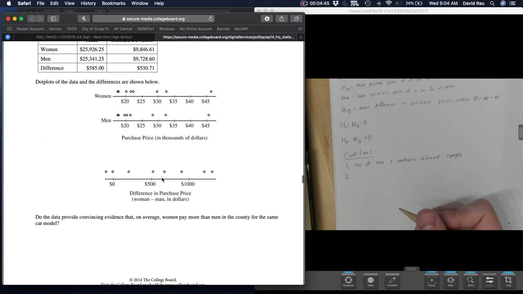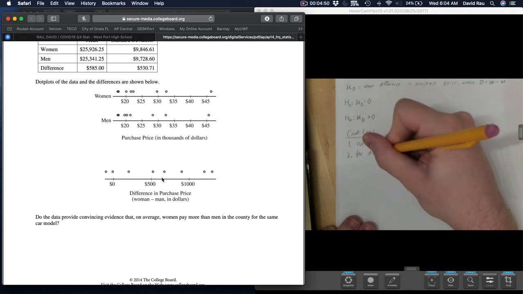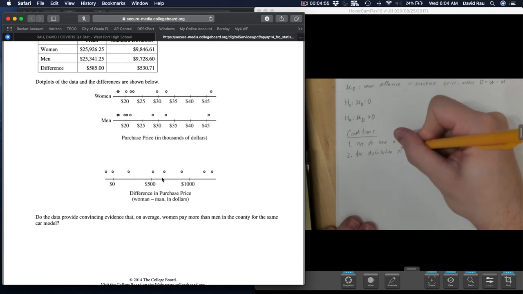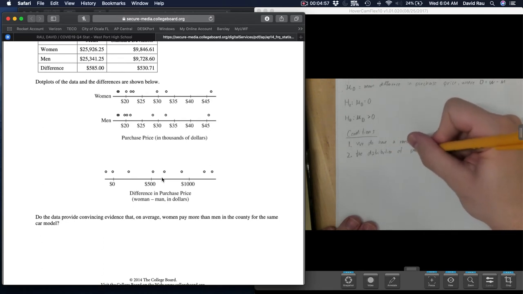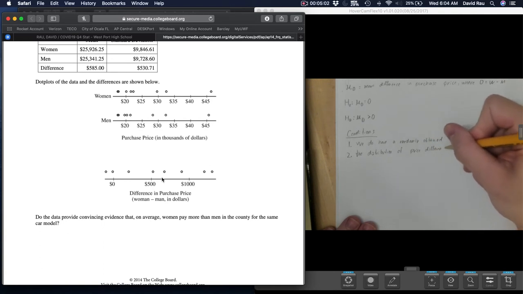Okay, now when we look at 2, I'm going to say the distribution of price differences looks approximately symmetric without outliers.